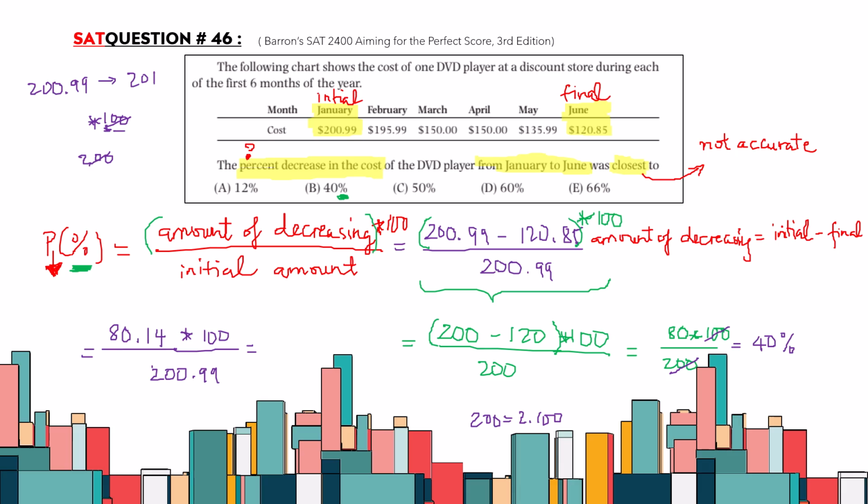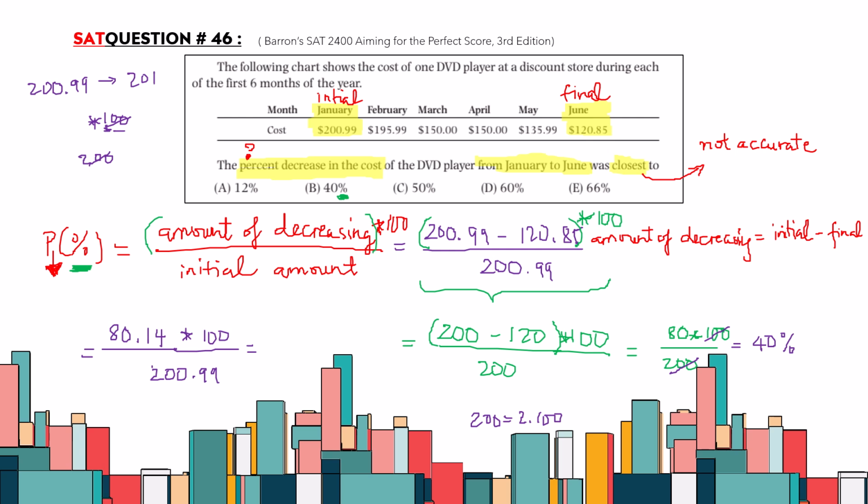Let me calculate. So we take 80.14, we multiply by 100.